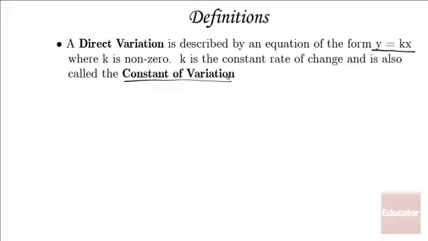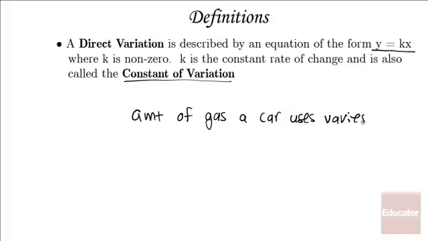There are many real-world applications and examples of this. One would be a car. You might say that the amount of gas that a car uses varies directly with the number of miles driven.